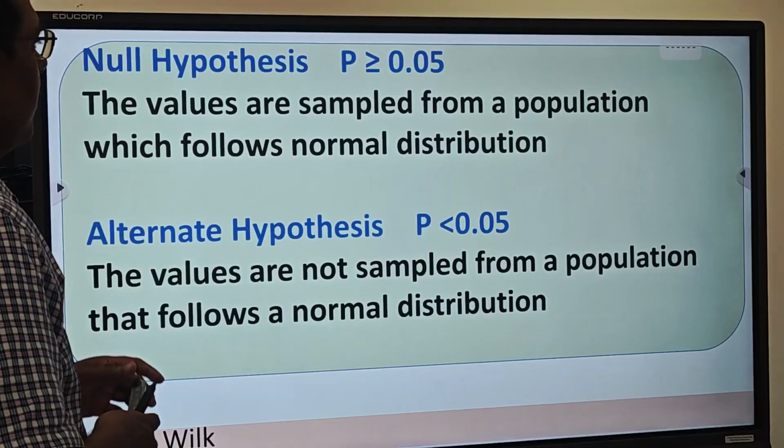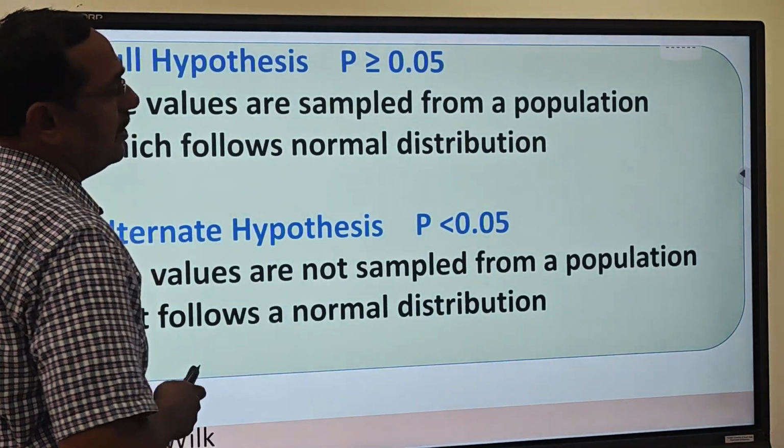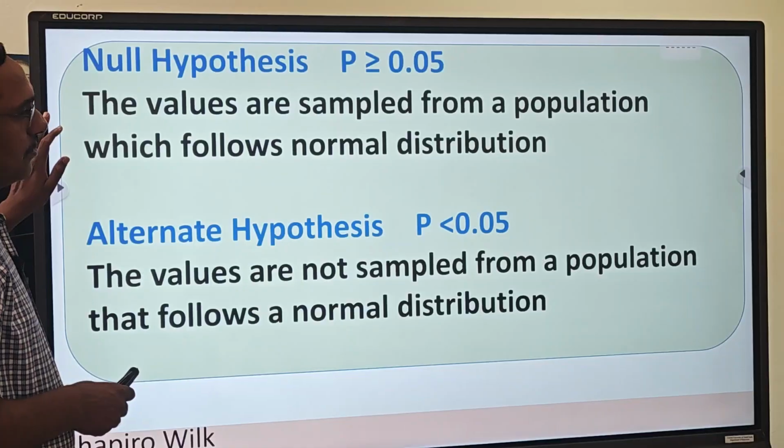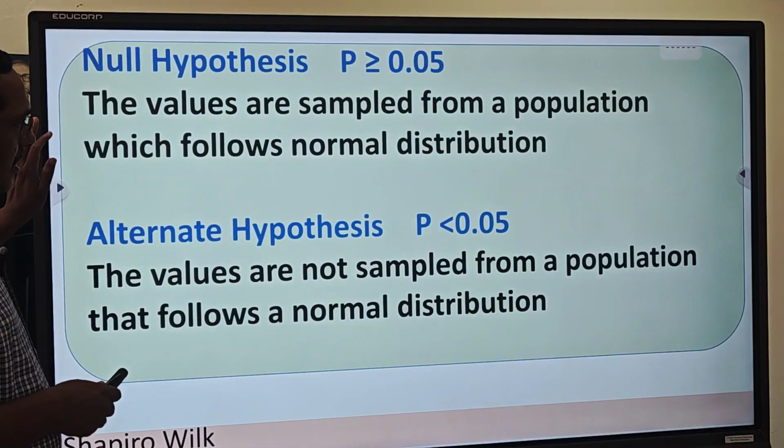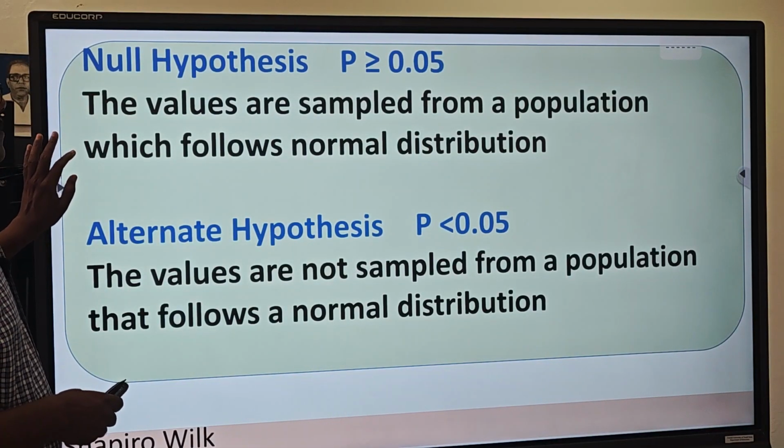Now these are the norms for checking whether our data is normally distributed or not normally distributed.